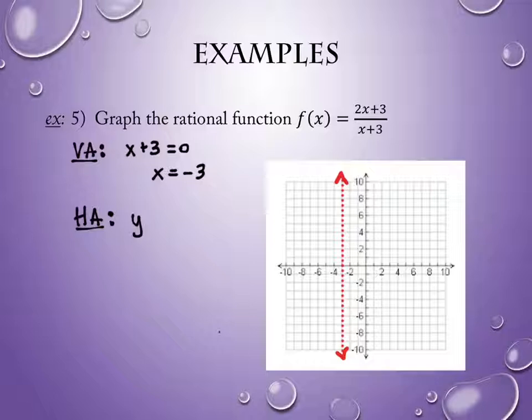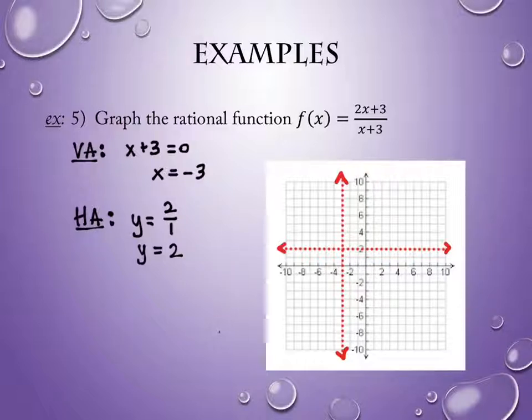So it'll be y equals, and how do I get my horizontal asymptote values then? The leading coefficients, which is 2 and 1. So this is y equals 2. So I'm going to draw a horizontal line at y equal to 2. Good job, guys. Very well done.